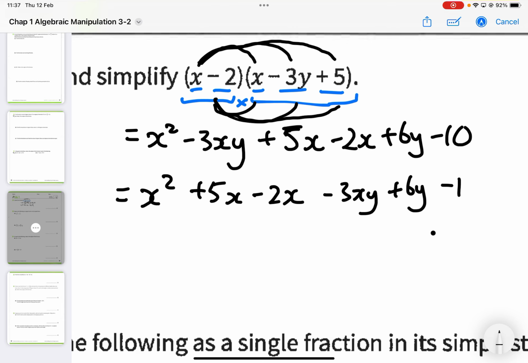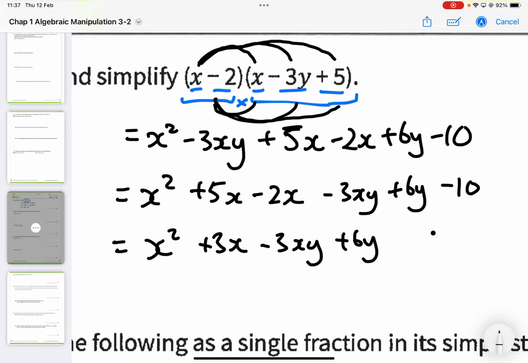Then I still have my numbers. Then I need to simplify some more. Because plus 5x minus 2x, they are grouped together. All are describing how many x. So plus 5 minus 2 plus 3. So this is your final answer.